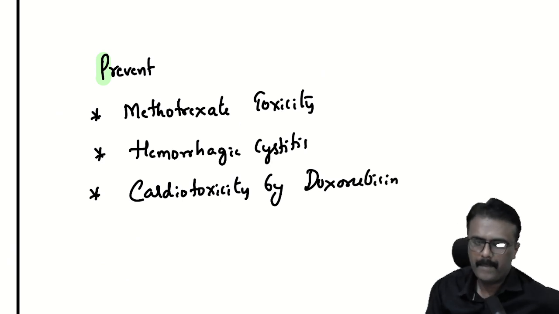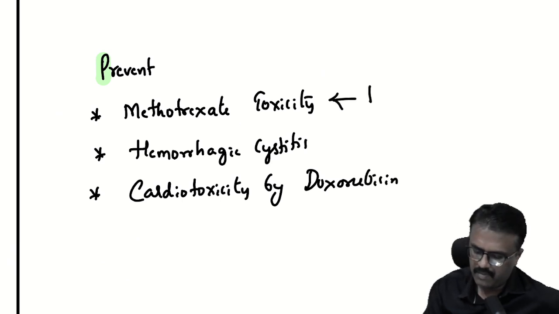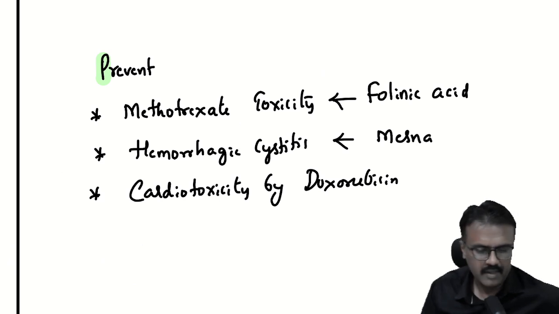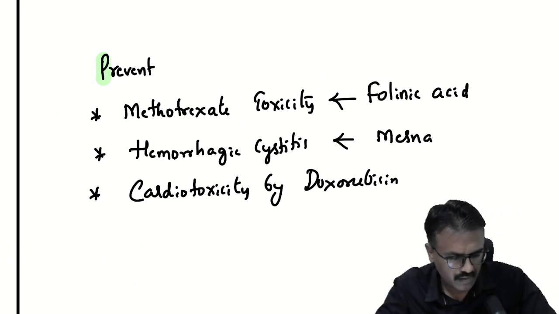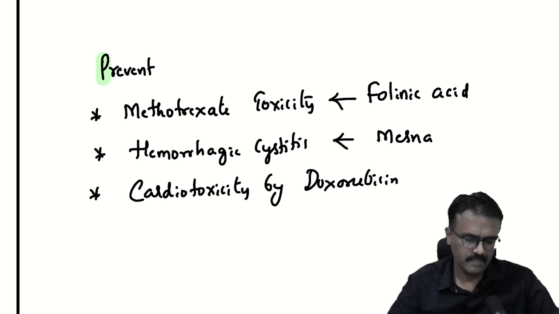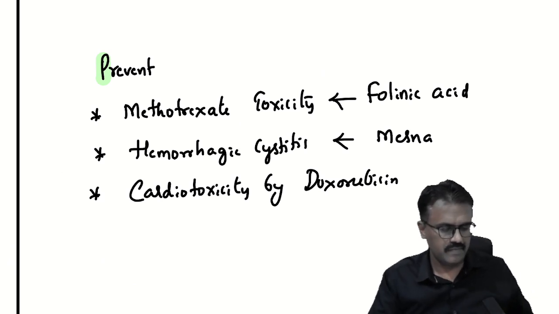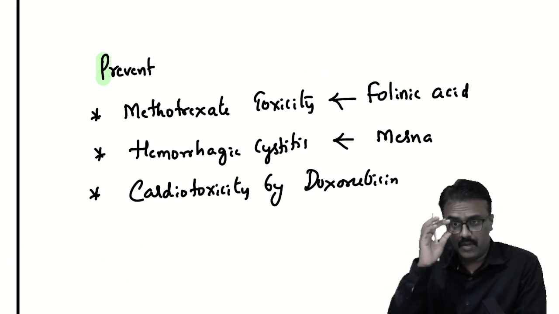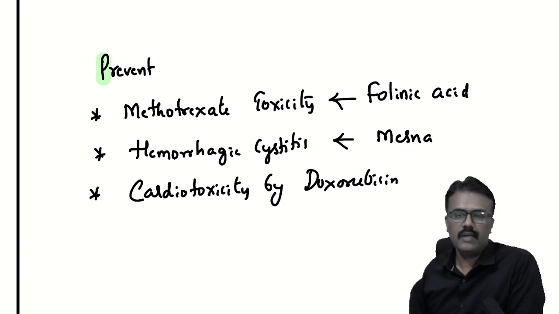Tell me. Methotrexate toxicity I can prevent by giving folinic acid. Hemorrhagic cystitis, I think most of you are not responding. Why? Have you left the anti-cancer topics? Never leave this topic. I told in the classes also, please remember the most common adverse effect and how do you manage.